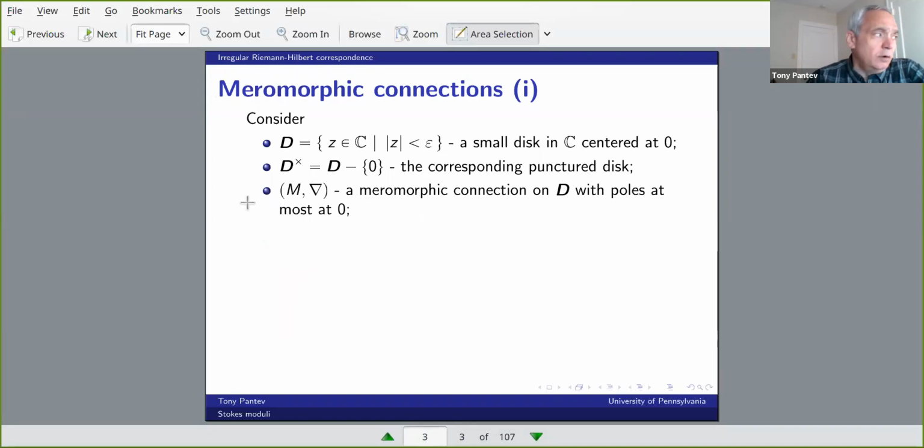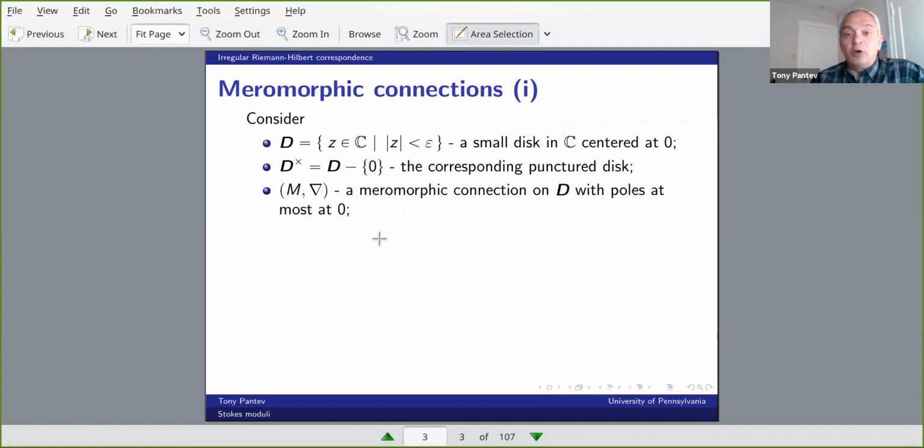So let me recall the basic setup of meromorphic connections in dimension 1, just so that we understand what the objects are that we are studying, what the moduli spaces are. Say that we have a small disk D in the complex plane centered at 0 and the corresponding punctured disk.